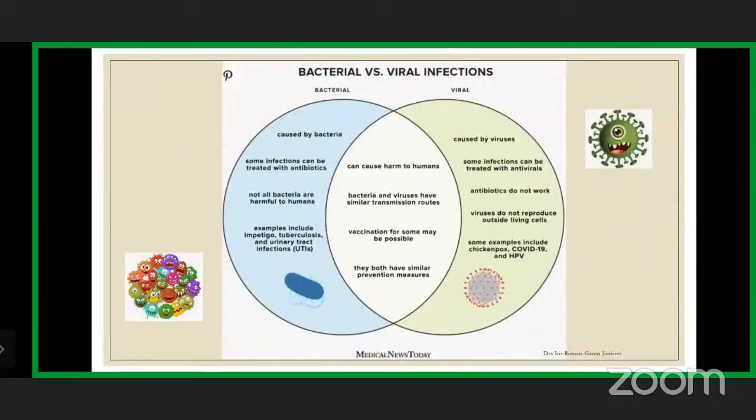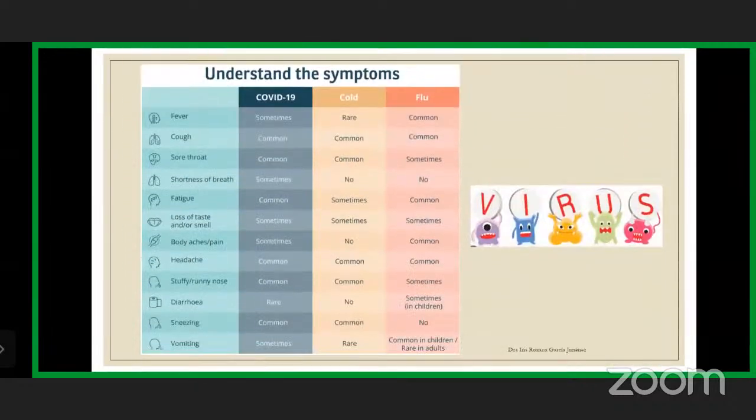Going ahead, we have another slide just for information, bacterial versus viral infection. We have the differences in each color, and in the middle, in the lightened space, we have the common situations. Just as information, read this and take the vocabulary that is important.